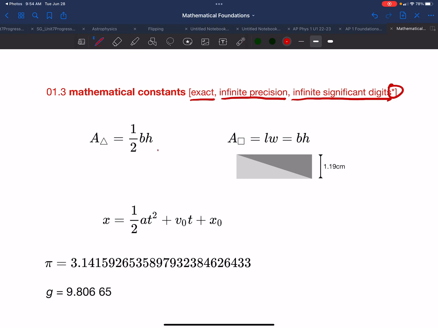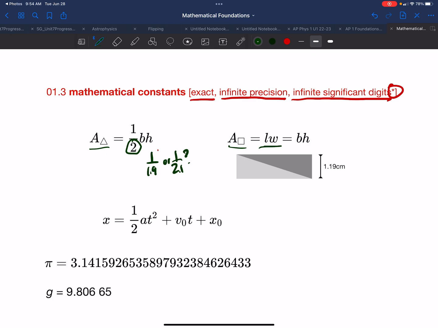So the question is, could this 1/2 be 1 over 1.9 or 1 over 2.1? And the answer is no. It is exactly, 100%, precisely, perfectly 2, and here is why. This formula for the area of a triangle comes from the area of a rectangle, which we probably recognize.